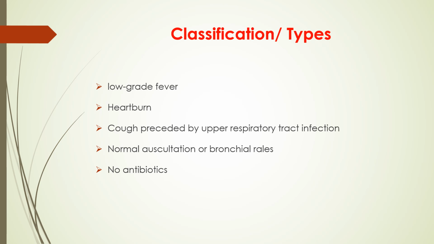The patient presents with lower grade fever, heartburn, and cough preceded by an upper respiratory tract infection. At the physical exam, we have a normal auscultation or sometimes some bronchial rales, and we do not give antibiotics because, as we have said, viruses are the most common cause of these inflammations.